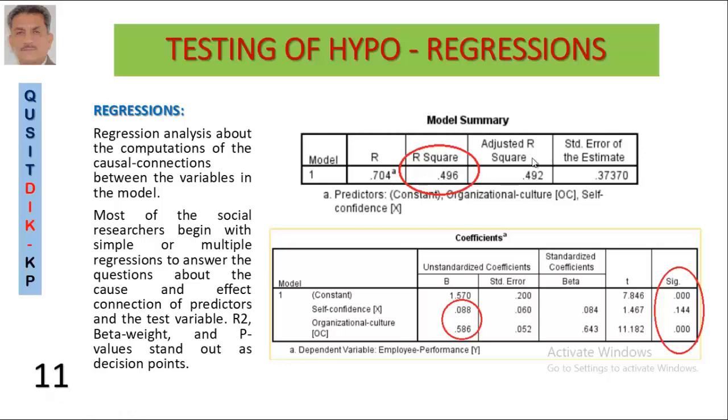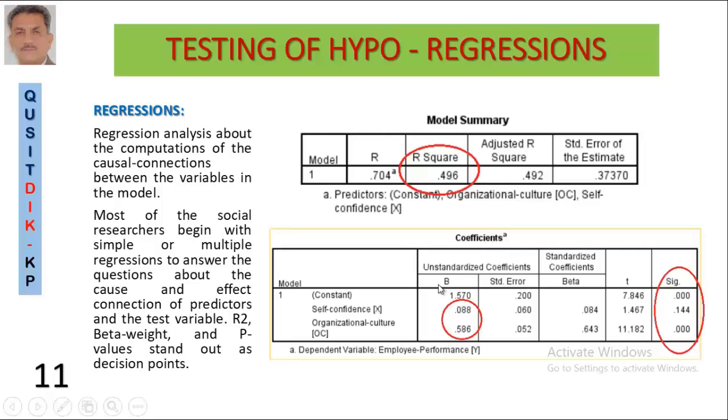In simple terms, it tells how much change has occurred in the test variable or dependent variable. For example, R square 0.496 means that around 50% of the change in the dependent variable is because of the two independent variables.